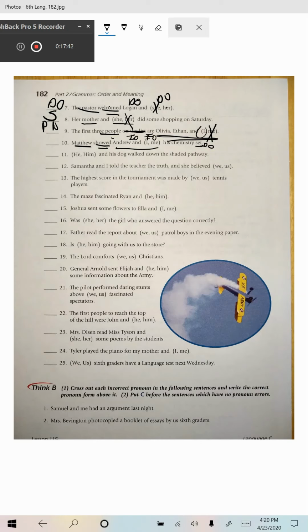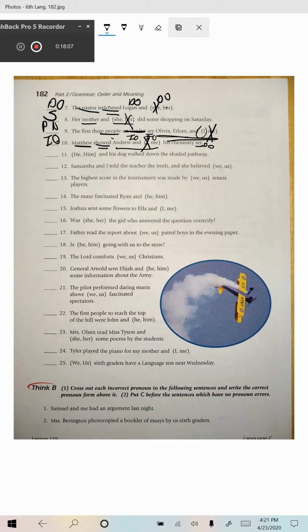Okay, he didn't show Andrew and I. That's not what he showed. He showed a chemistry set. That's the direct object. But who did he show it to? Andrew and me, or Andrew and I, were the indirect object. So I'm going to put indirect object out here. Object, you hear objective case. Which one's objective case? It's me.